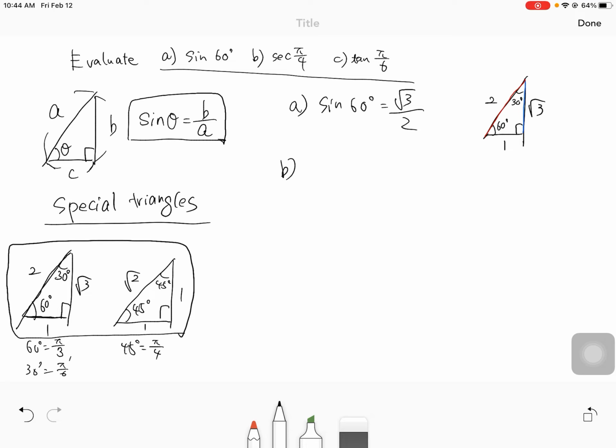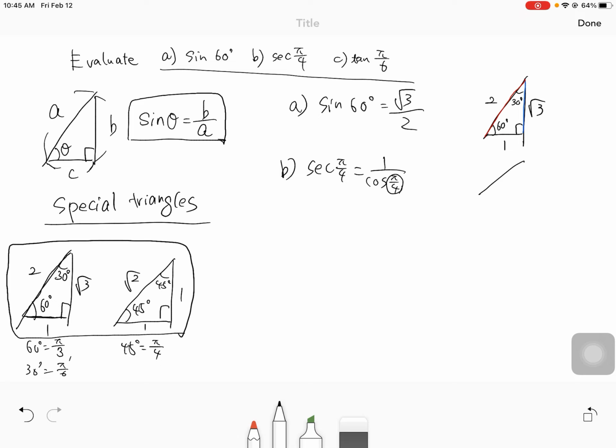So number B, secant pi over 4. And secant is the reciprocal of cosine pi over 4. And let's sketch, and first I recommend you to sketch a triangle like this.